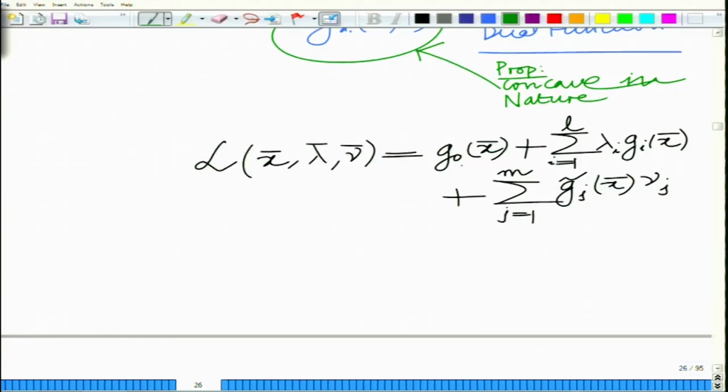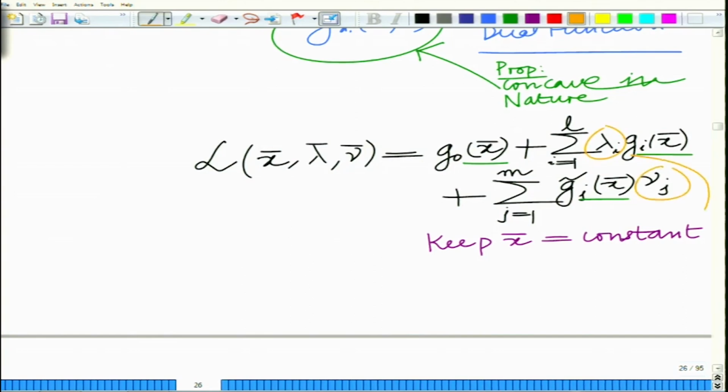Now keep x bar constant for a moment. The lambda i's and nu j's are nothing but the weights in this linear combination.